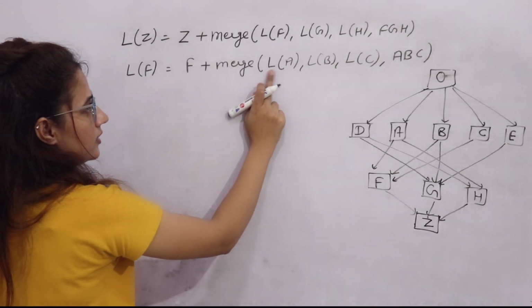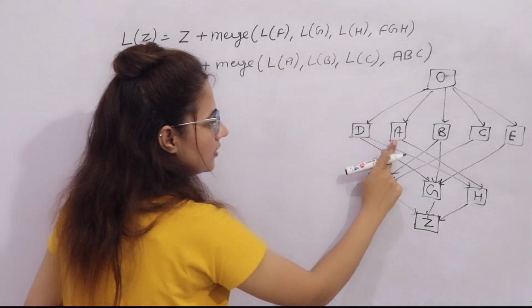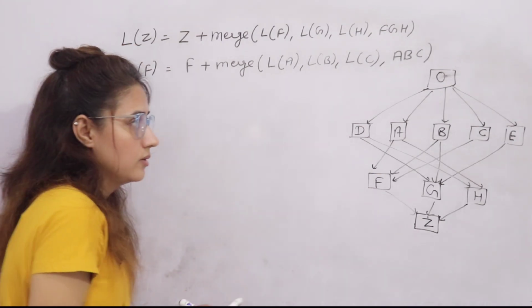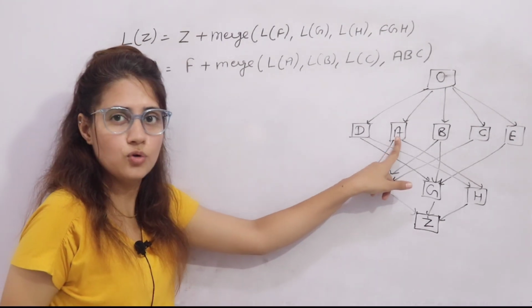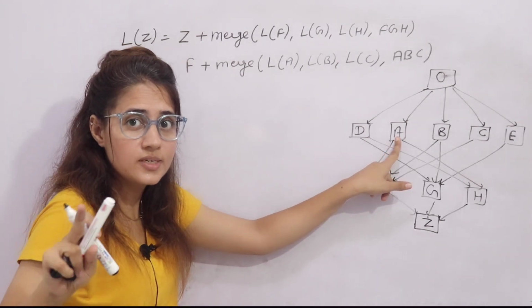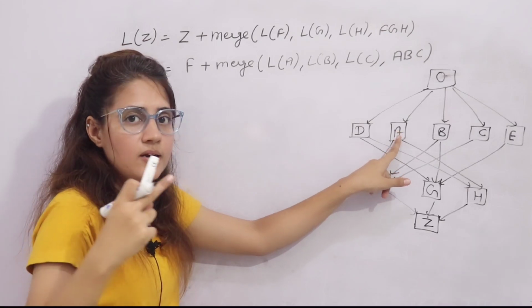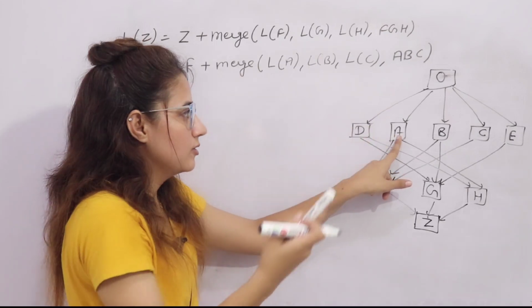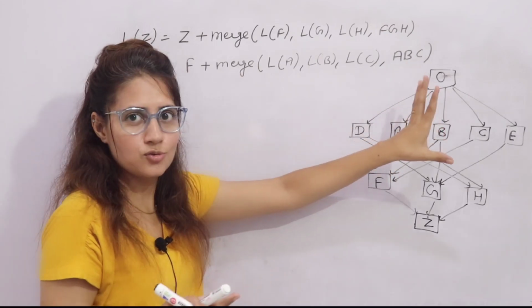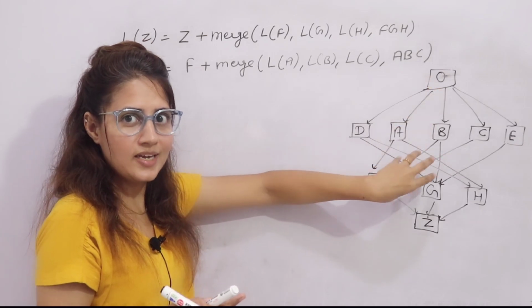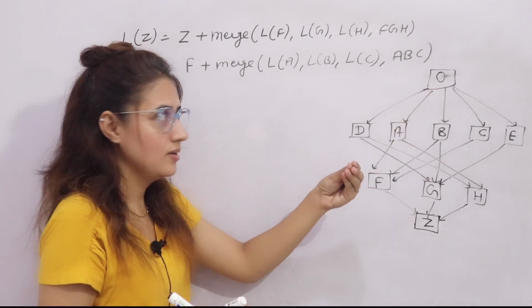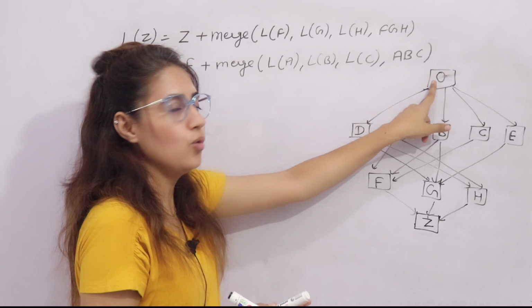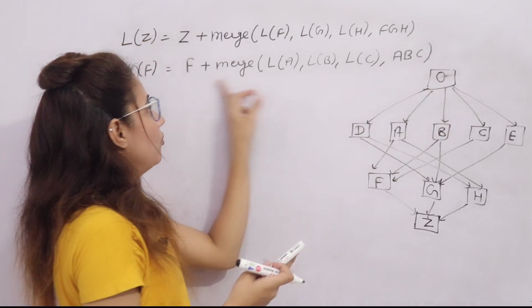Okay. Now the linearization of A is what? It means with the help of an A object, if you want to access the method, then first it will search in A, then in its base class. So the base class of A is the object class only, right? So from the diagram only we can find out L of A is what? A, O. No need to write it in this form.